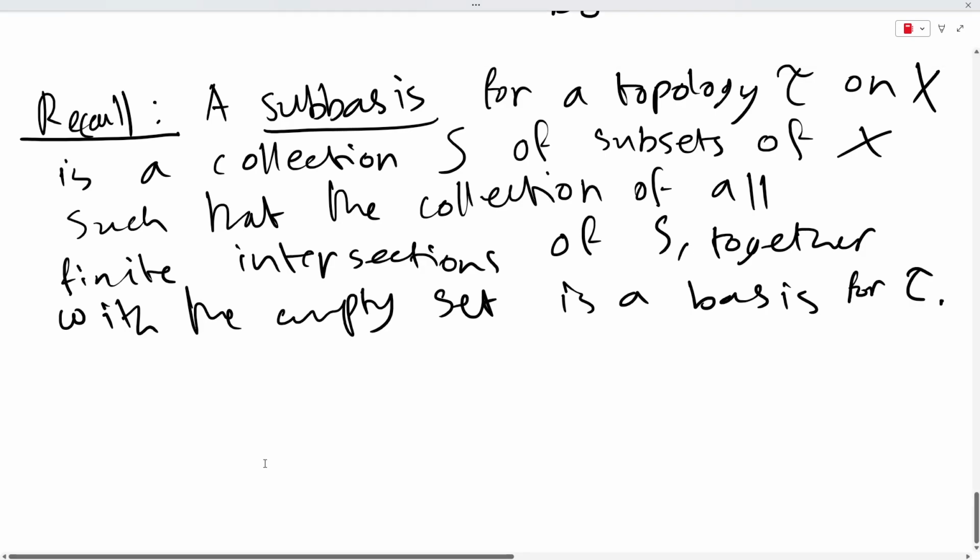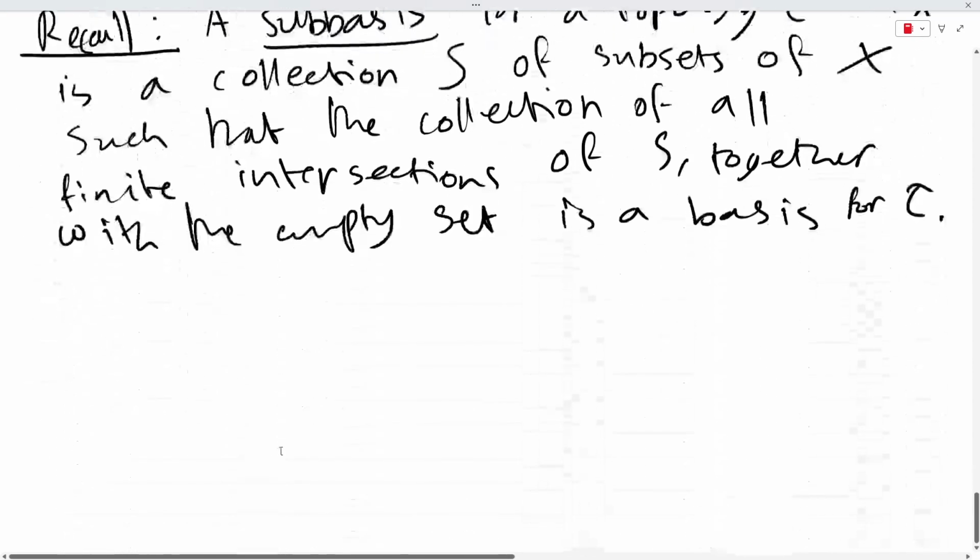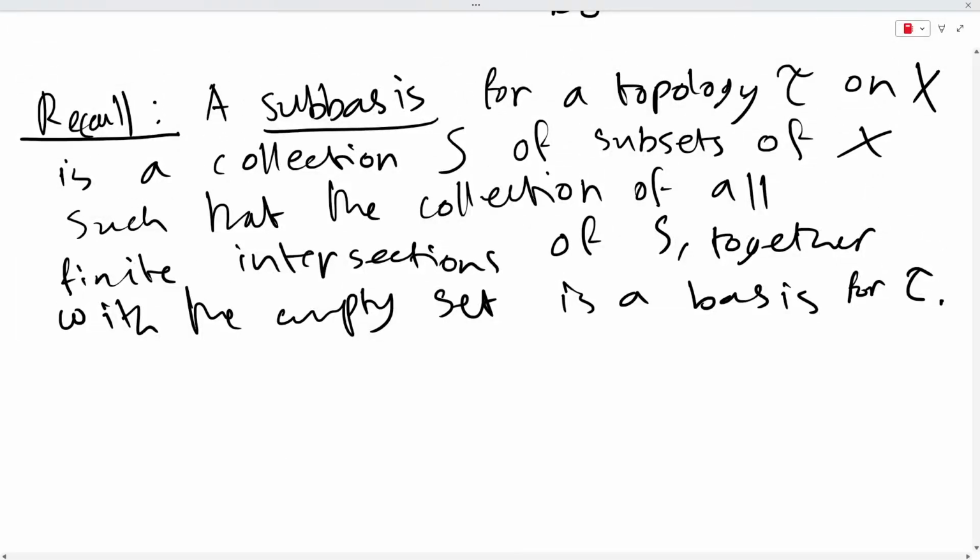So a subbasis is basically a basis without the first condition, it's just the second condition. It's kind of like the analogy, if you have studied modern algebra before, of a group and a semigroup: a semigroup is basically a group with one less property. It's kind of like that.